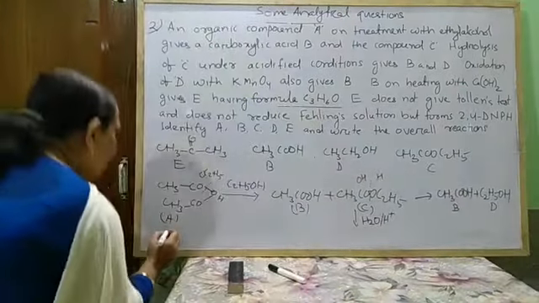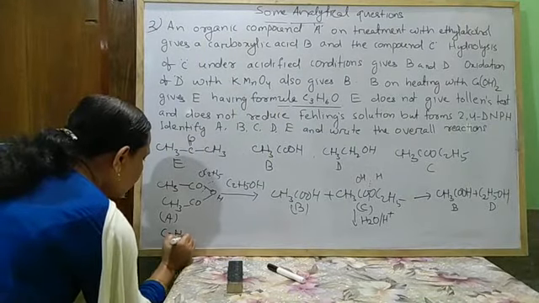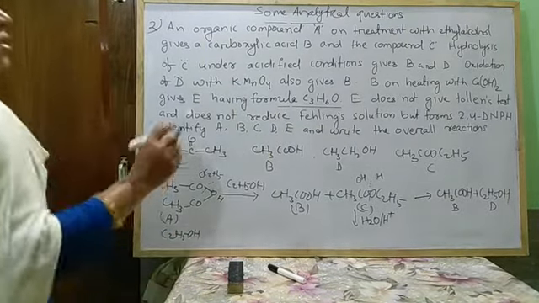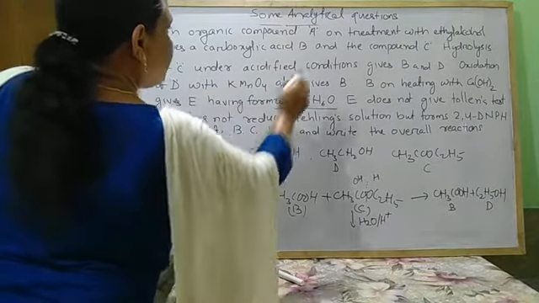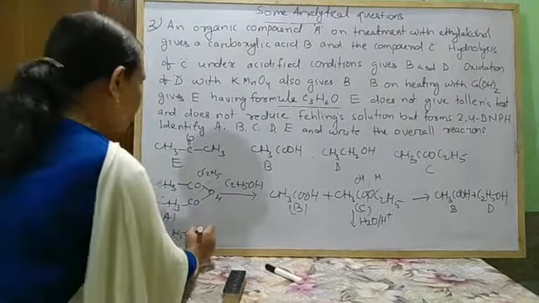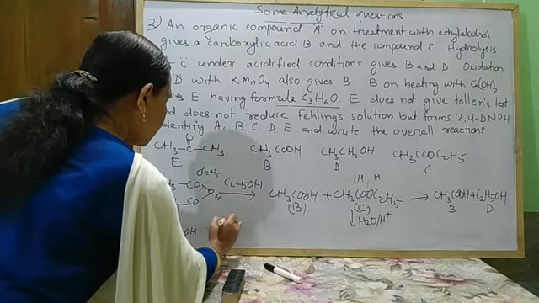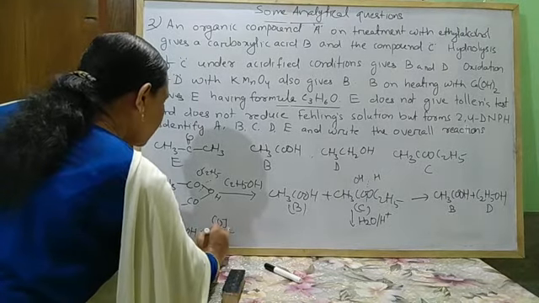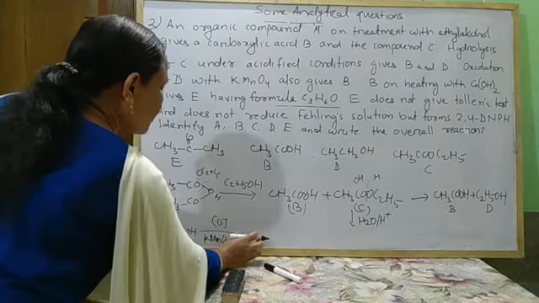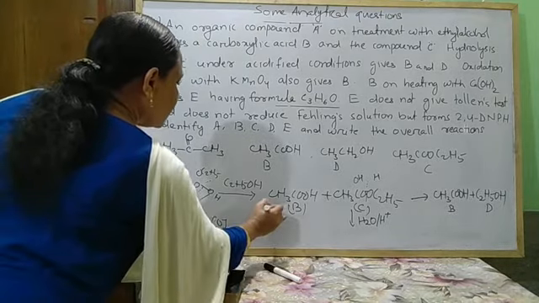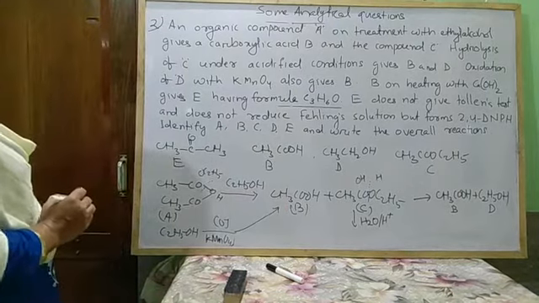Then ethyl alcohol D with potassium permanganate gives B. When it undergoes oxidation with potassium permanganate, it gives again B.